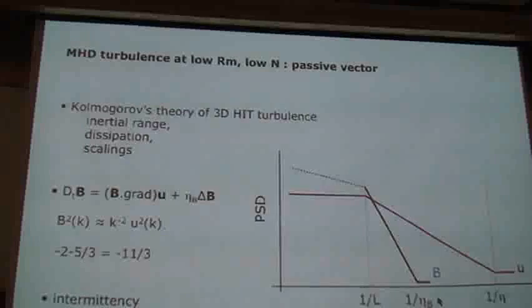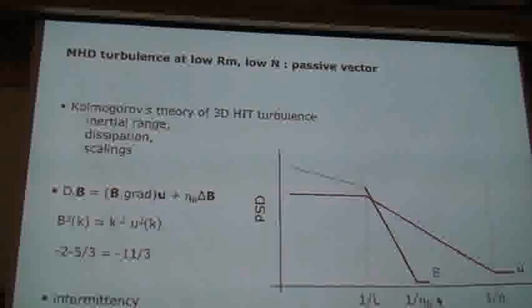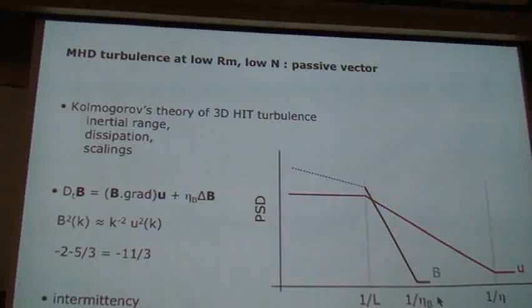K41 plus small corrections. So what you think about, in a situation where you're not changing the flow too much, is that red is velocity, so you have a velocity cascade down to a small scale, which is given by viscous diffusion, and then you have another cascade of magnetic energy flowing to the small scales, to another scale, and the ratio of these two scales is the magnetic Prandtl number to the 3/4.